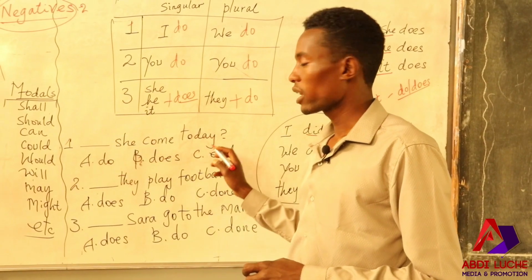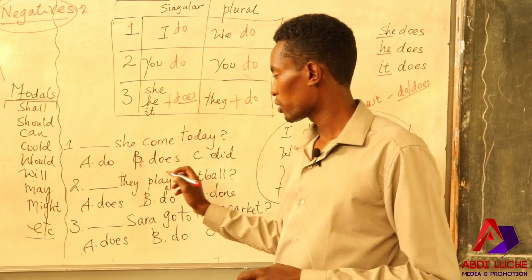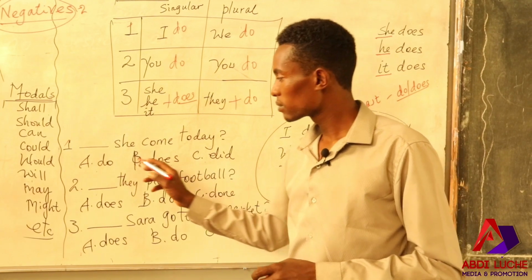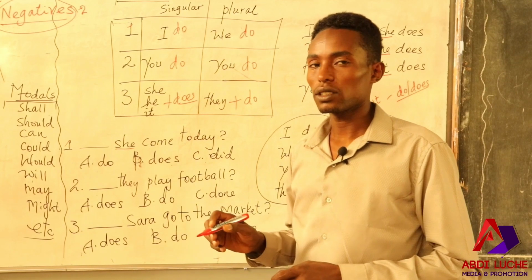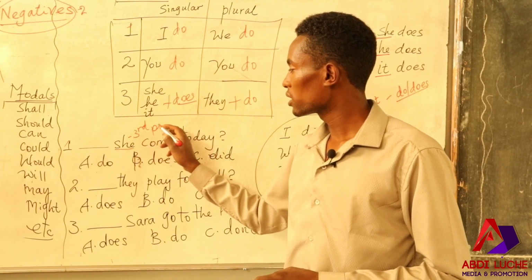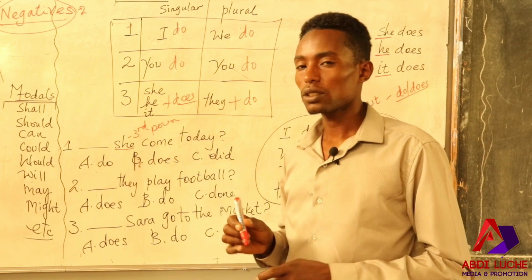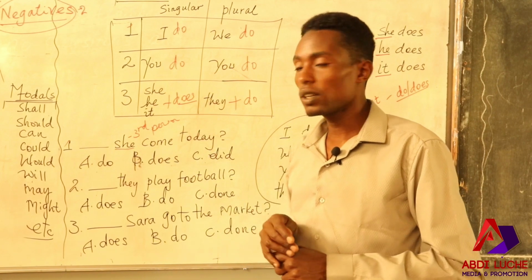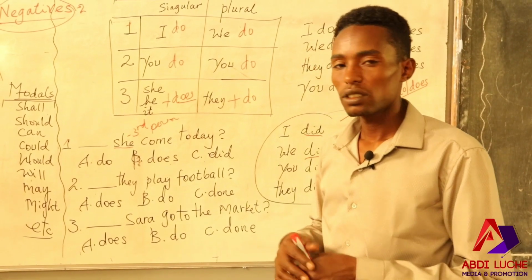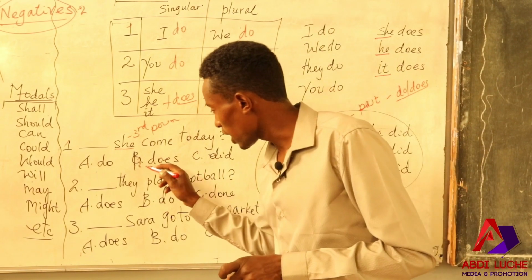Does she come today? A. Do. B. Does. C. Did. Guys, here we have the subject she. She is what? Third person singular. So, which auxiliary verb is used with third person singular? Yes, does.